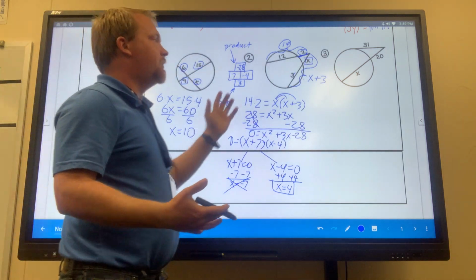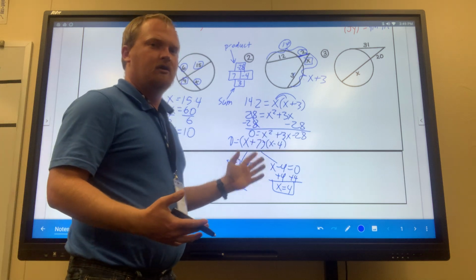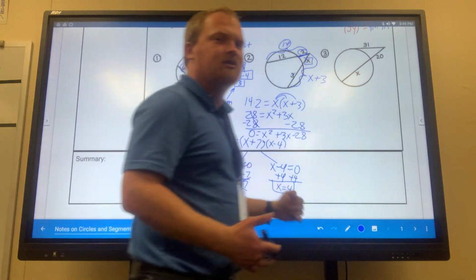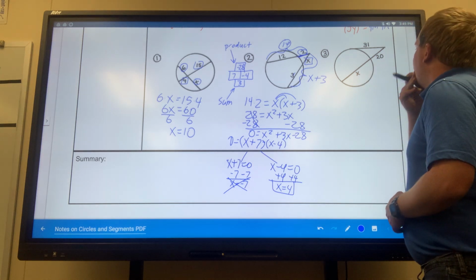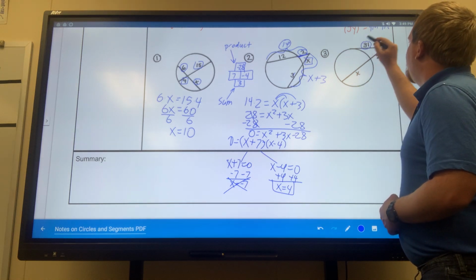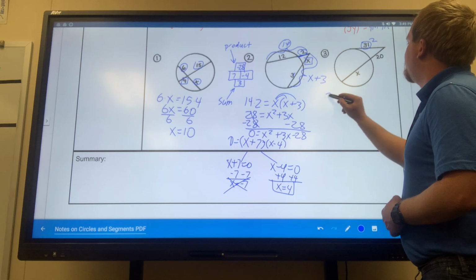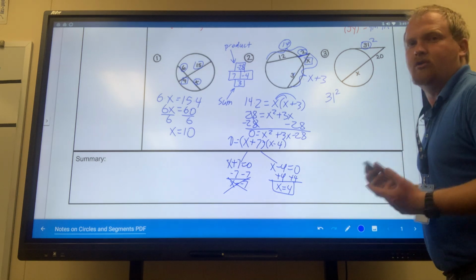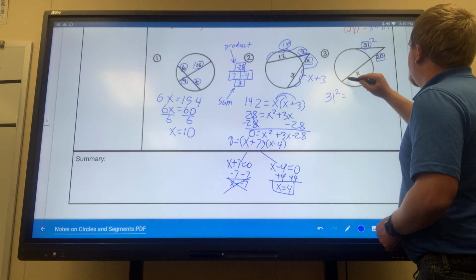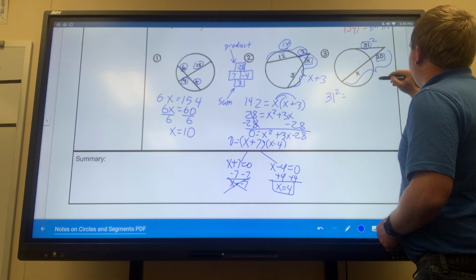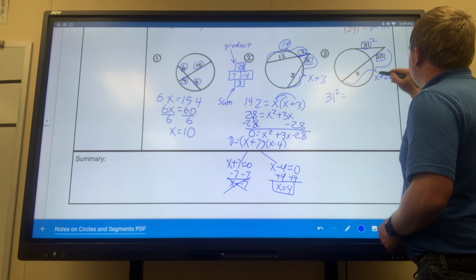Hopefully we won't see this as often, but it's a good possibility. However, on number 3, remember, this right here is going to be squared because it's a tangent. So 31 squared is equal to 20 times the whole length, which is x plus 20.